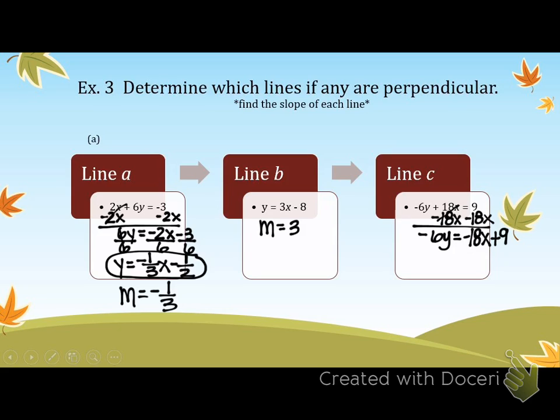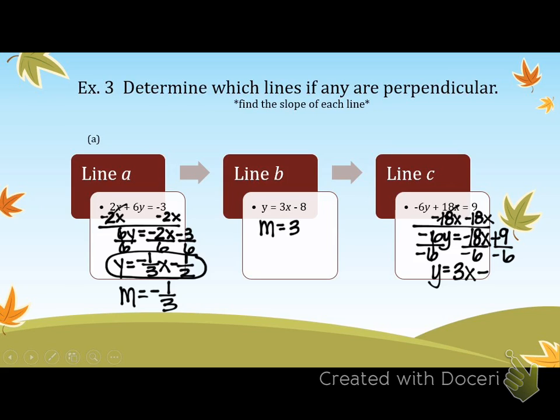Dalton, how do we finish getting y by itself? We divide by negative 6. Good. We're going to divide every term by negative 6. So y equals, now a negative divided by a negative gives us a positive. Good. And 18 divided by 6 is 3, and we bring down that x. Perfect. A positive divided by a negative gives us a negative.